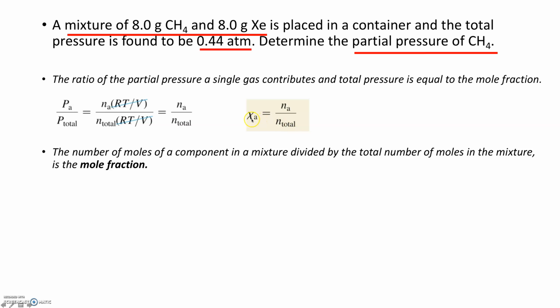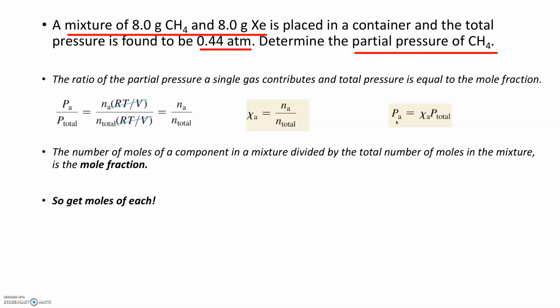Now, if I substitute this x for this ratio right here, and I want to solve for partial pressure, all I would have to do is multiply both sides by the total pressure. And that gives you this equation. So once I have the mole fraction, I can easily multiply the total pressure by that mole fraction to get the partial pressure. So let's go ahead and do that.